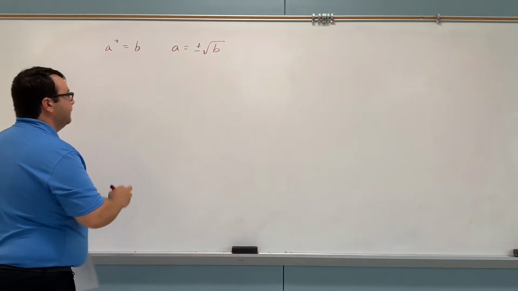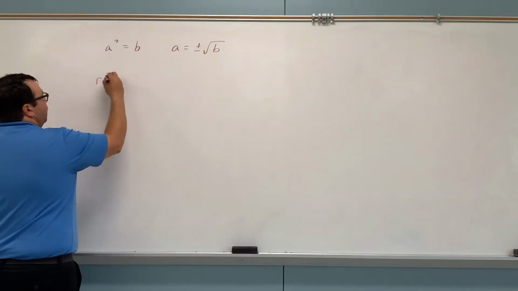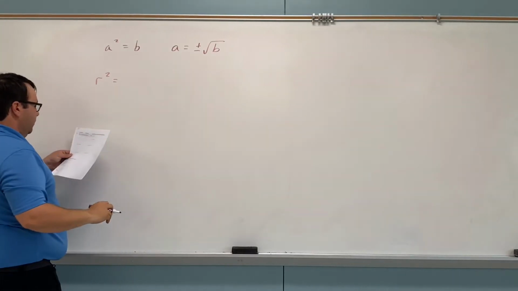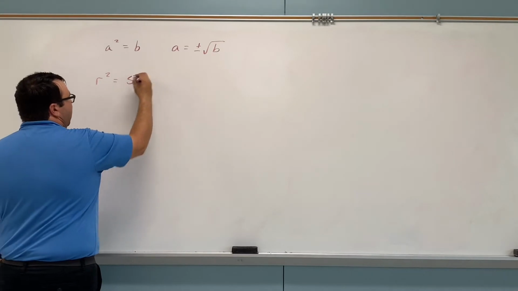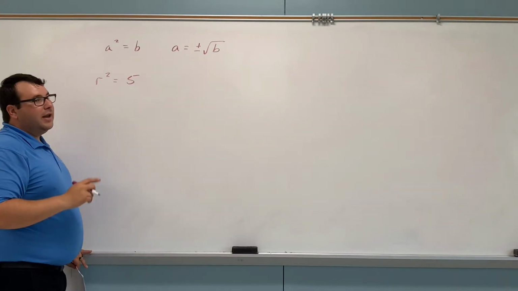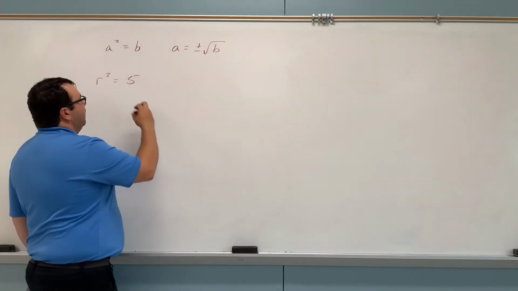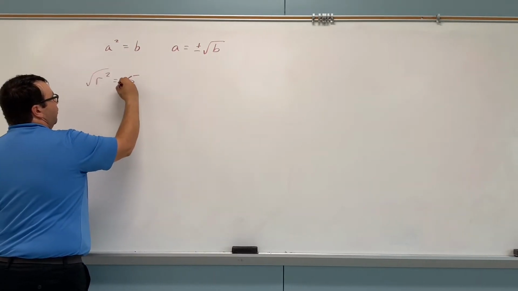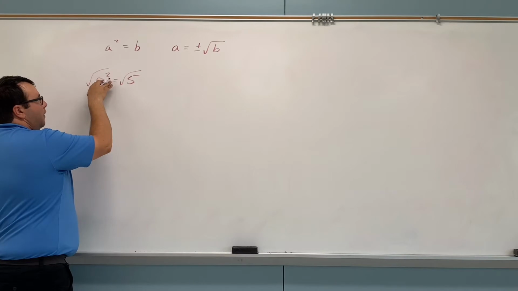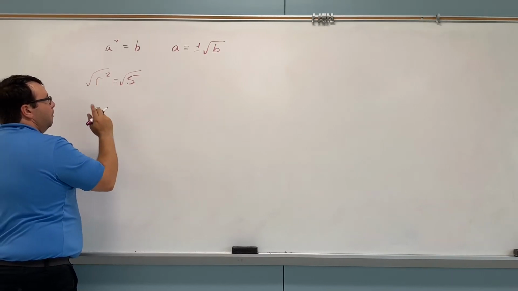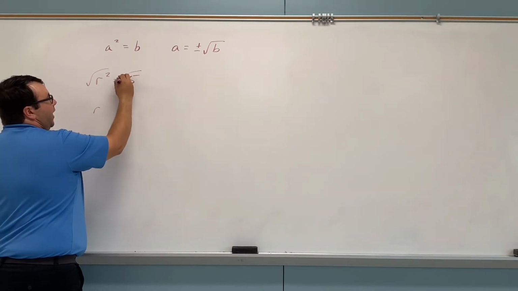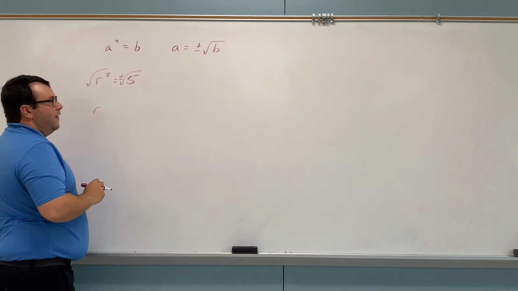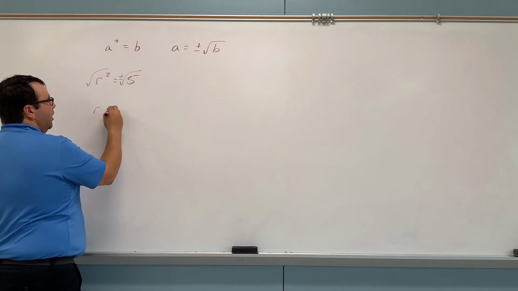Check this out. If I'm looking at r squared is equal to 5, then technically what I'm saying is that if I were to take the square root on both sides, this becomes r, but on this side, I have to do the plus or minus value of the square root.